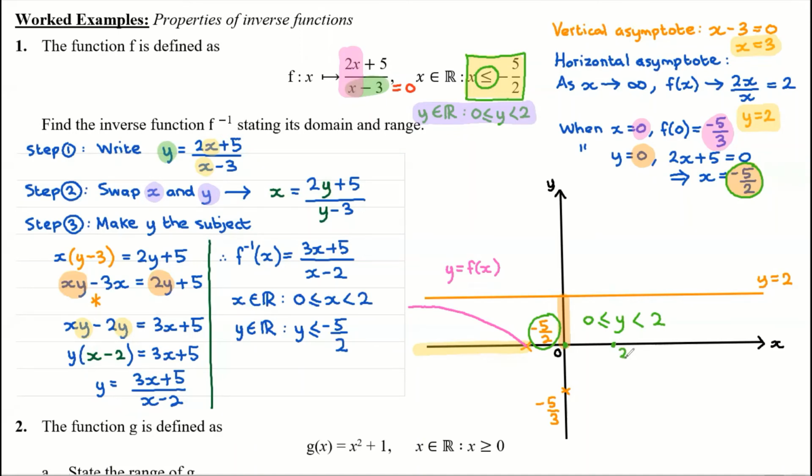It's only defined for, so that's where the asymptote is, of course, and the y values go from -5 over 2 and down. Somewhere about here and then down. You would probably find with a slightly better sketch than what I've done, that they would be symmetrical about the line y equals x. So that concludes example 1.